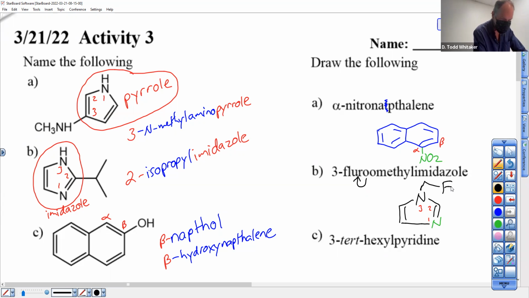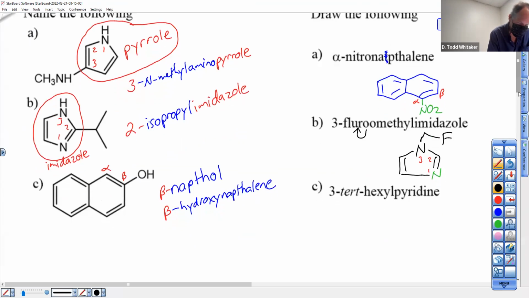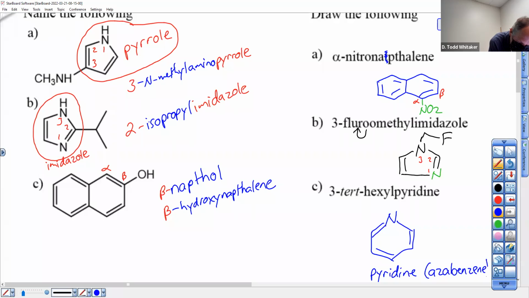Then tert-hexylpyridine. Pyridine is azabenzene. What? I didn't tell you that before. Did you know you can call it azabenzene? You can put aza in a name and it just means a carbon has been replaced by a nitrogen.